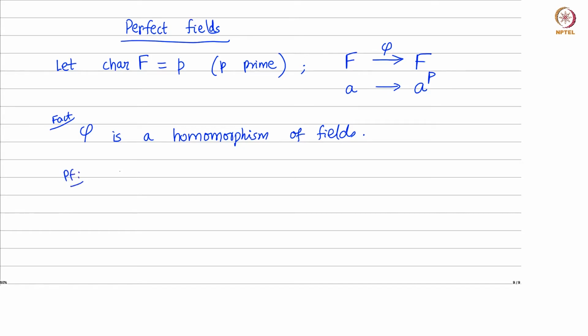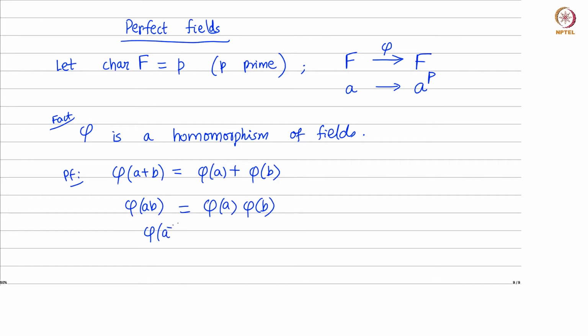We just have to check that phi maps A plus B to phi A plus phi B, phi maps the product AB to phi A, phi B, and maps 1 to 1.